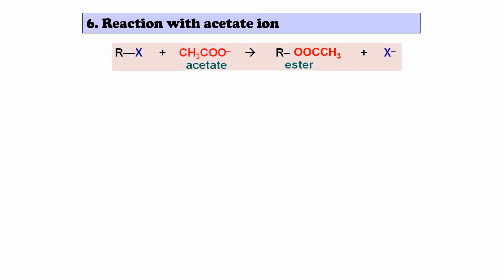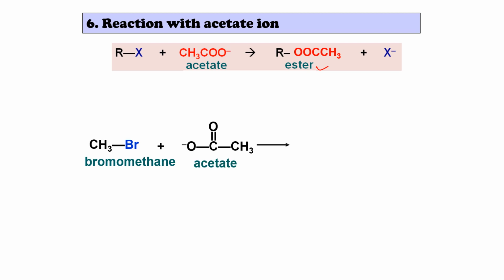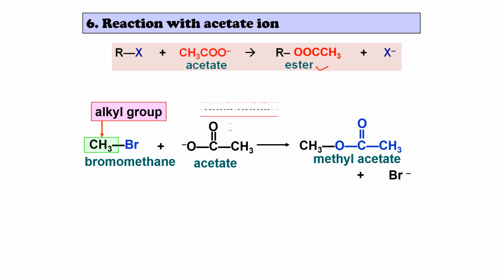Reaction with acetate ion. When RX reacts with acetate ion, the product is ester. For example, bromomethane reacts with acetate, so acetate ion as a nucleophile replaces Br.